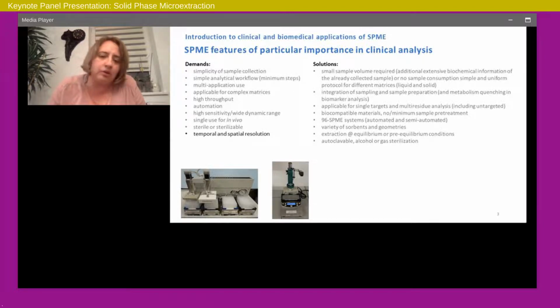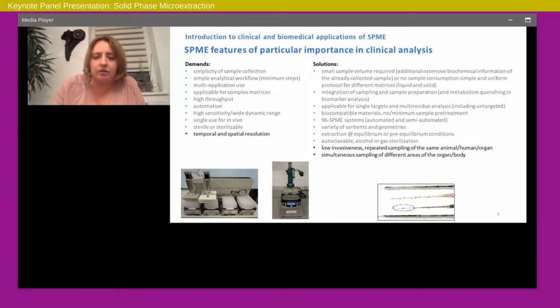We may also want to have temporal and spatial resolution. For that, we can, of course, use small fibers, for example. So we can have a number of sampling points just by inserting the fibers at different time points. And we still have very low invasiveness. The dimension of the fiber is approximately 10 times smaller than a biopsy needle.